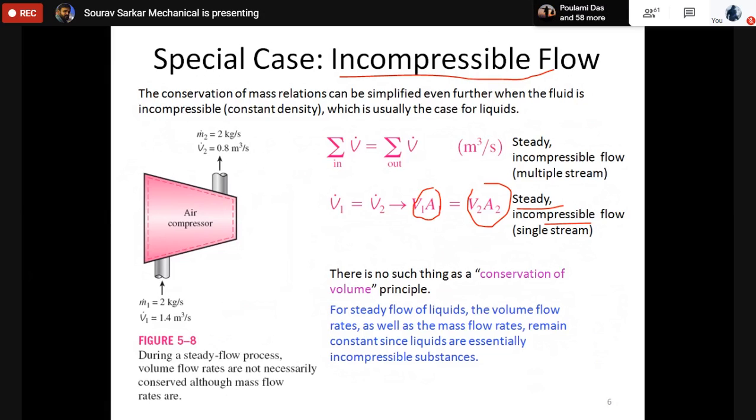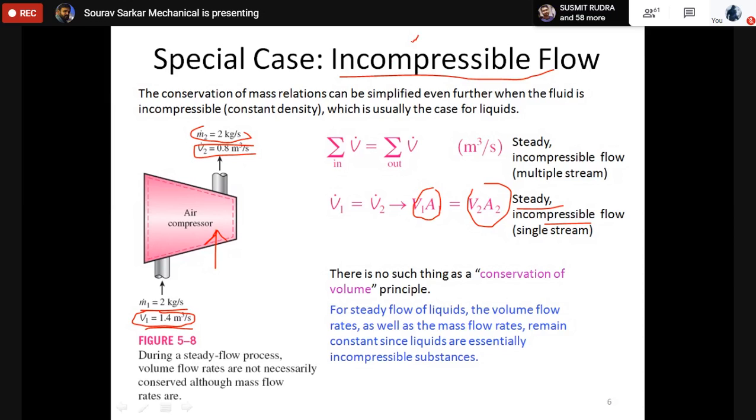So the volume flow rate we can say is constant. Suppose I consider a compressor, so some mass is entering, some volume is leaving, and here the mass is the same, but the volume is different, because a compressor handles compressible fluids. Okay, so conservation of mass is always true, but the conservation of volume flow rate is not always true. It depends upon whether it is incompressible or compressible.